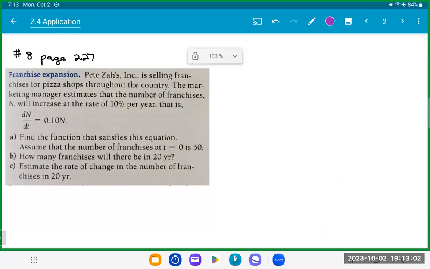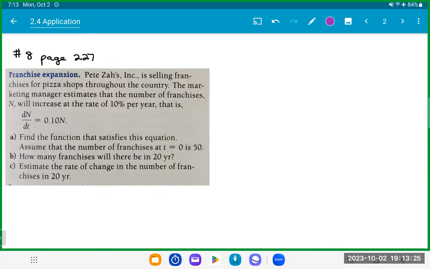On page 227, we're looking at a franchise, right? This franchise is selling franchises for a pizza shop throughout the country. The marketing manager establishes that the number of franchises, capital N, will increase at a rate of 10% a year.